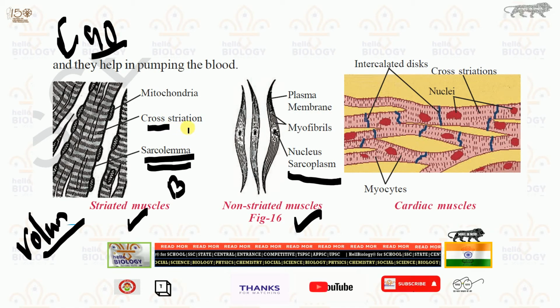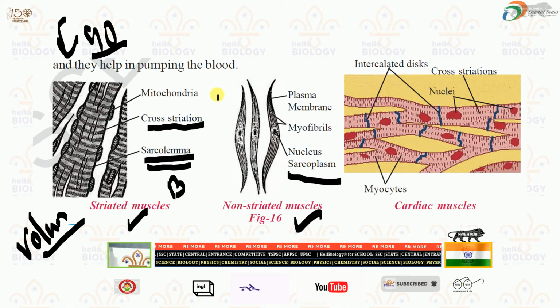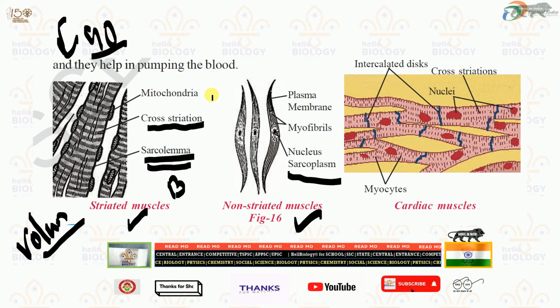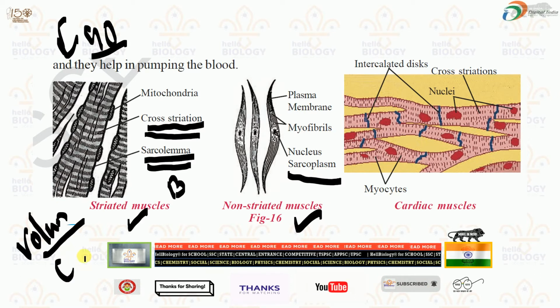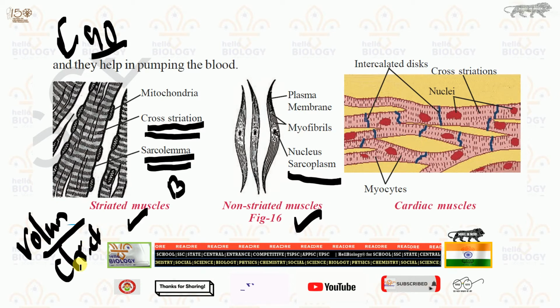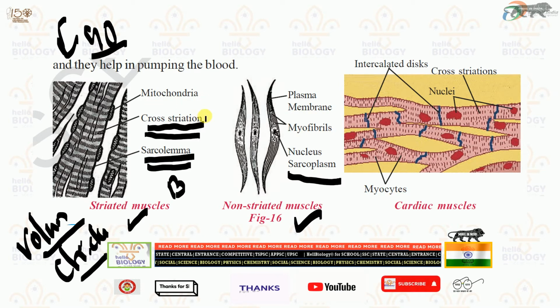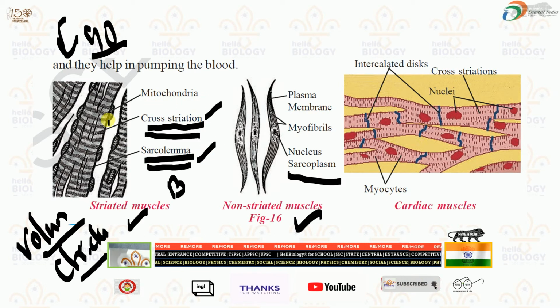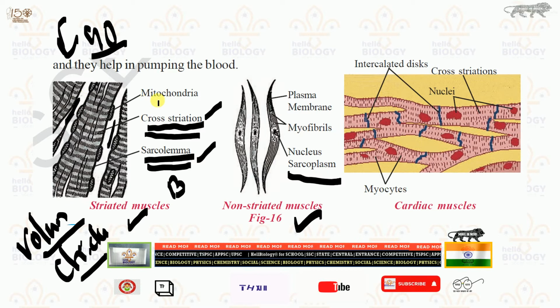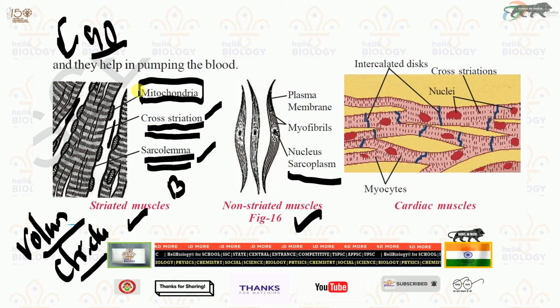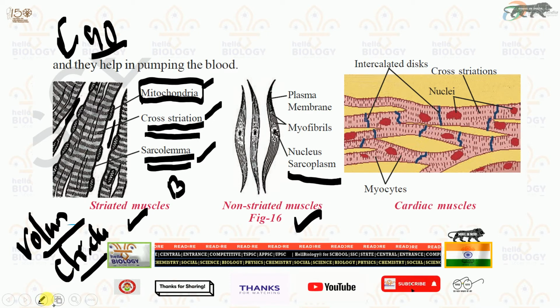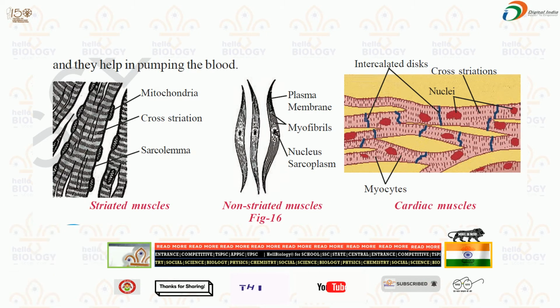These cross striations help in proper binding to the bone. Muscle is linked with the help of these cross striations. Even in chicken meat, we can see the cross striations and the sarcolemmas, these kinds of fibers. And the bigger one is known as mitochondria. For every muscular tissue, mitochondria will be present, and they help in the energy supply of these muscular tissues.